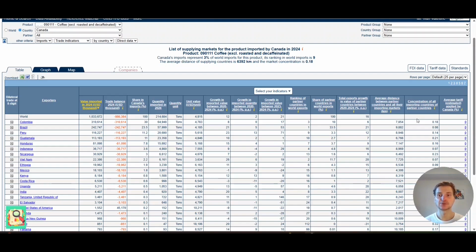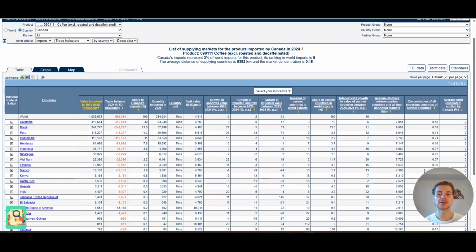So for instance, looking at Mexico, we see that the concentration is quite high, meaning that a few businesses own the majority of the exports from Mexico to Canada for this particular product. This would show some potential issues, and there's very little choice of choosing an exporter because the majority of the export businesses are owned by few companies in Mexico.